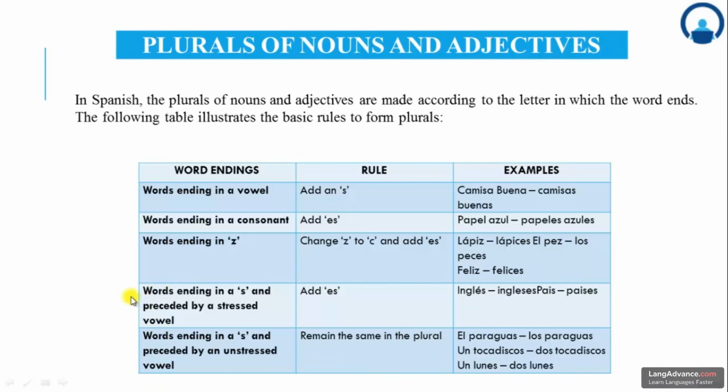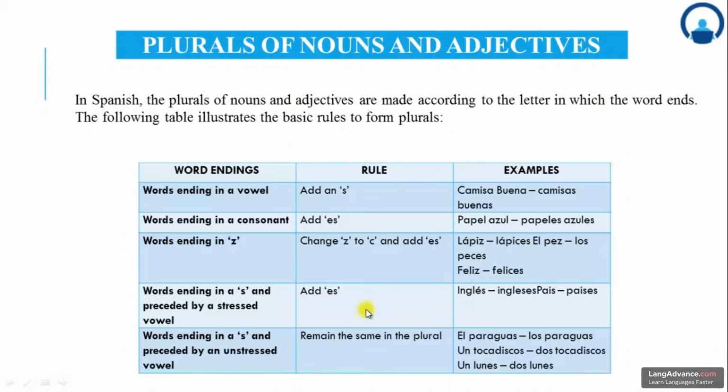Next rule is for words ending in S and preceded by a stressed vowel. For example, here we have inglés. The ending is S and before that we have a vowel which is stressed. The accent mark is over the vowel.